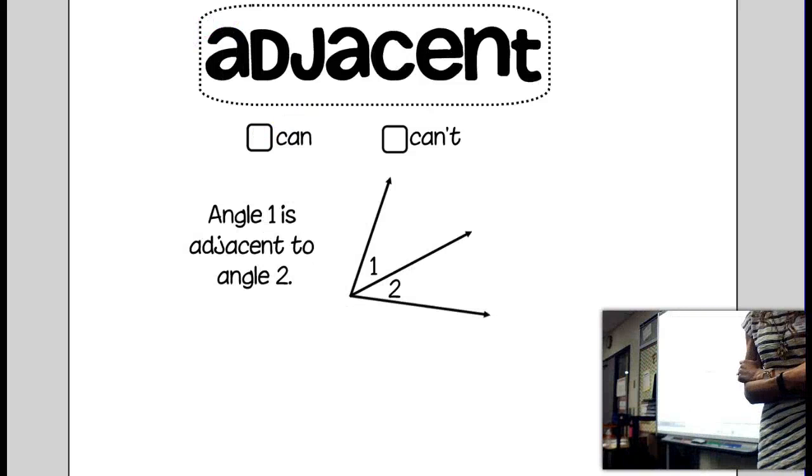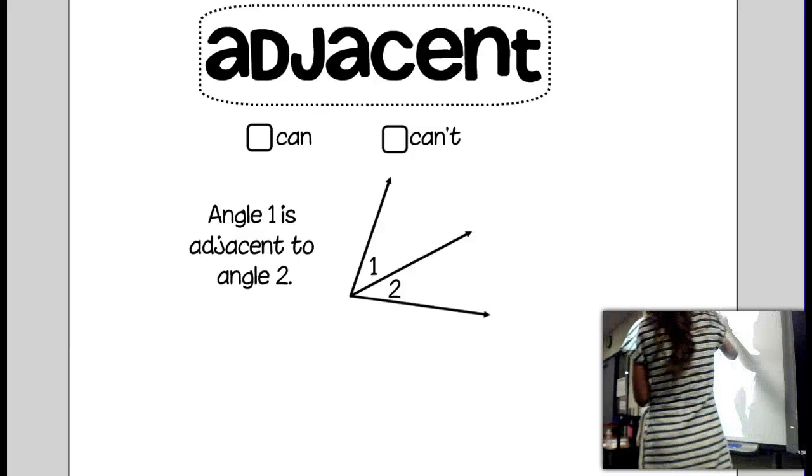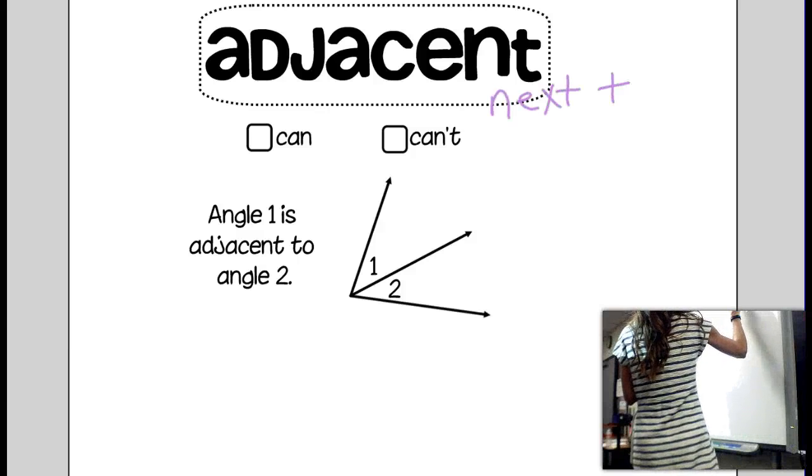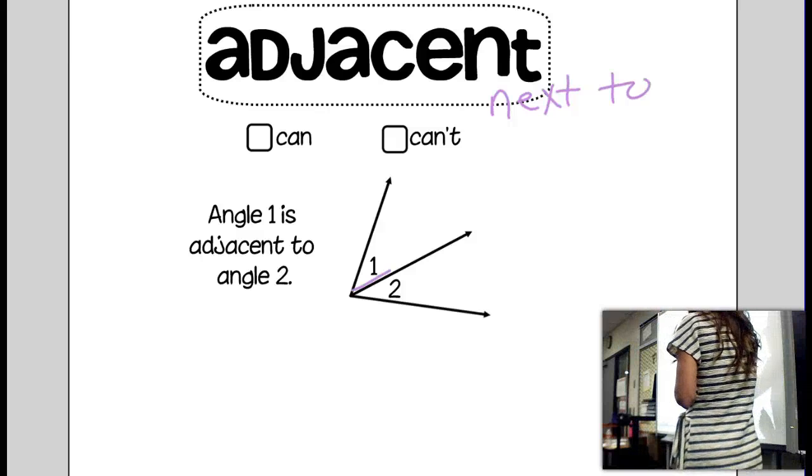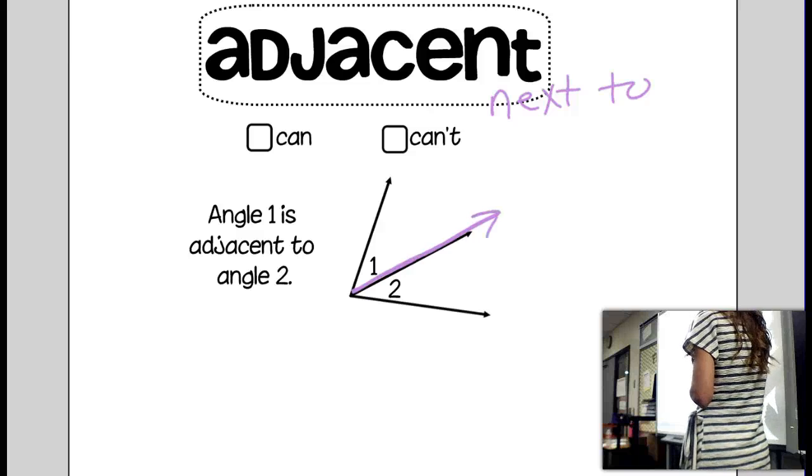Have we seen that word before? No. Try to say that word. Adjacent. Angle 1 is adjacent to angle 2. We might not know this word. We're going to learn it next unit. But adjacent means next to. Can I assume that angle 1 is next to angle 2? Well, they are sharing this ray right here.